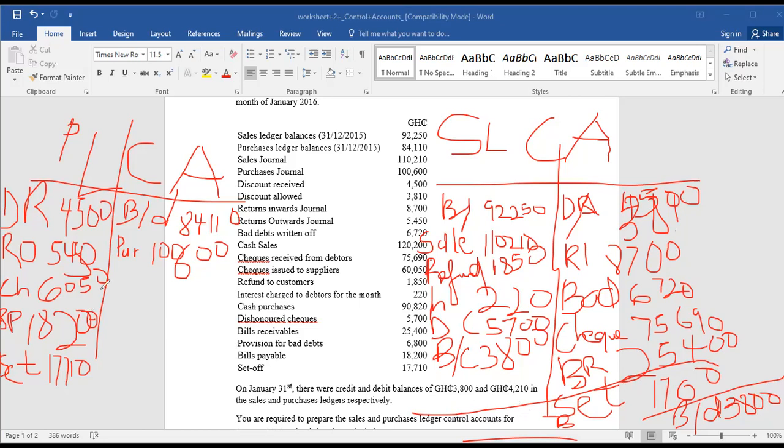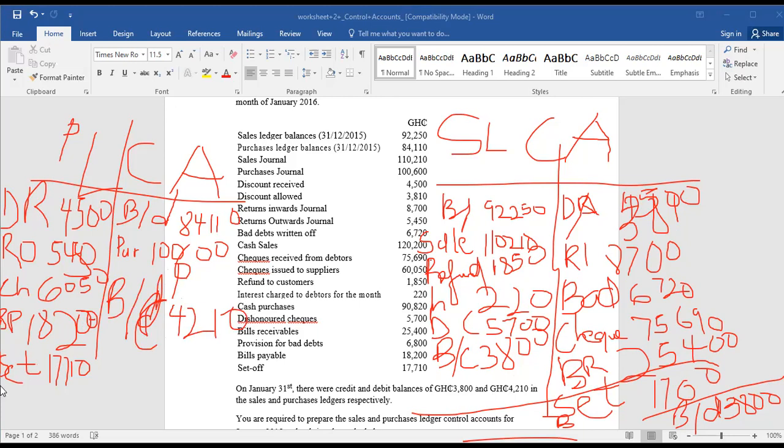And then here they said there was a debit balance. So you bring it to the credit side. Okay, so this is balance carried down of 4,210.